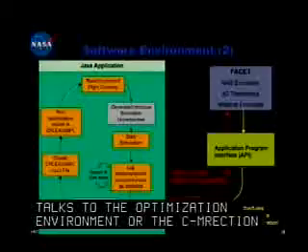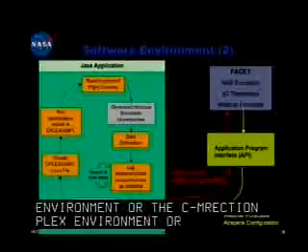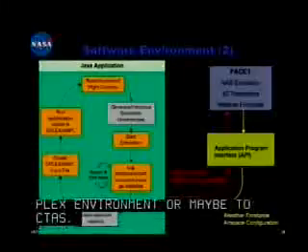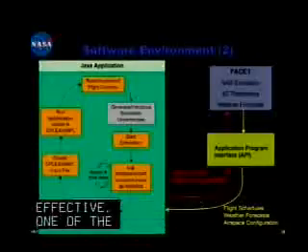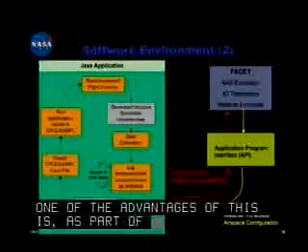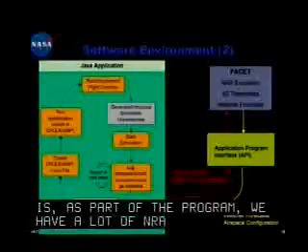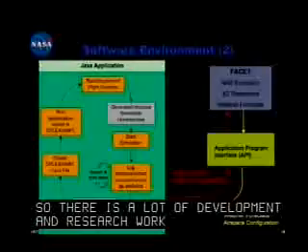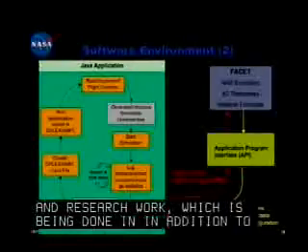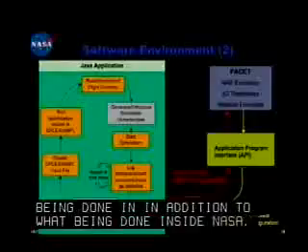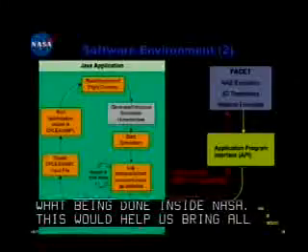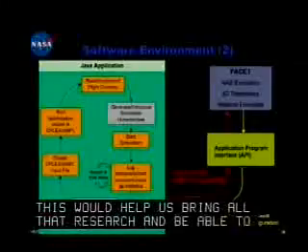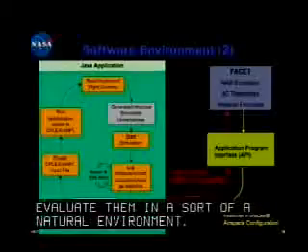And this has proved very, very effective. And one of the advantages of this is, as part of the program, we have a lot of NRAs. And so there is a lot of development and research work which is being done in addition to what is being done inside NASA. And this would help us bring all that research and be able to evaluate them in a sort of a natural environment. Next view graph, please.